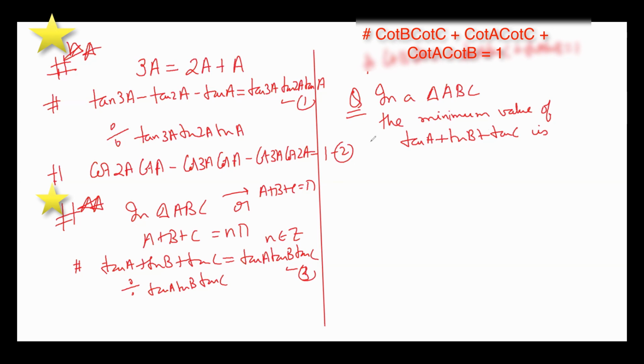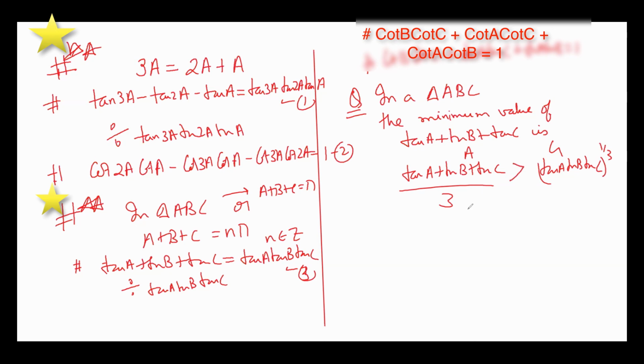Therefore, we have to reuse the result of AGH. So if tan A, tan B, tan C are your three numbers, from your result, you know that the arithmetic mean of these three numbers is x plus y plus z upon 3, and the geometric mean of these three numbers is tan A, tan B, tan C to the power 1 by 3. And I put the sign of greater than or equal to here.